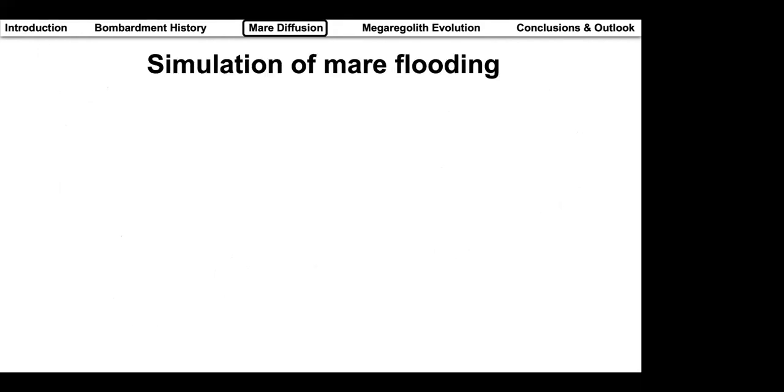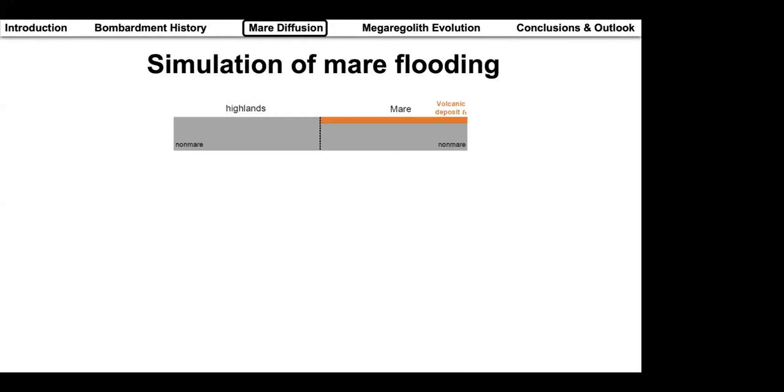As I mentioned, for each research goal we need to further improve the model. For this one, the important thing is to simulate the Mare flooding. Now the target is divided into two parts, the highlands part and the Mare regions, and impact events can happen on both.